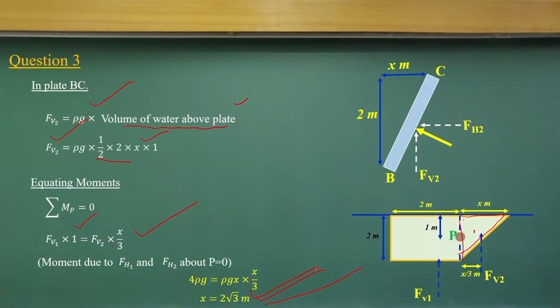If these two surfaces cancel out, then you look at the vertical force components and their lines of action. If you know where the vertical force is acting and its line of action, take the moment about the hinge, then you will get the x value. That is the basic concept here.